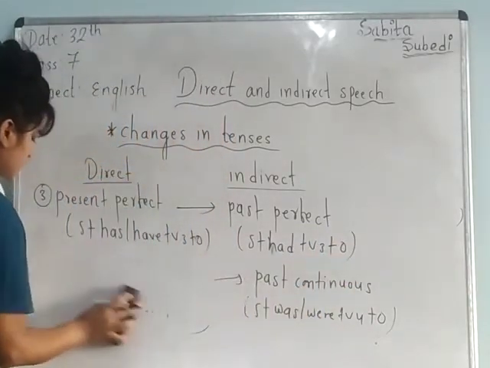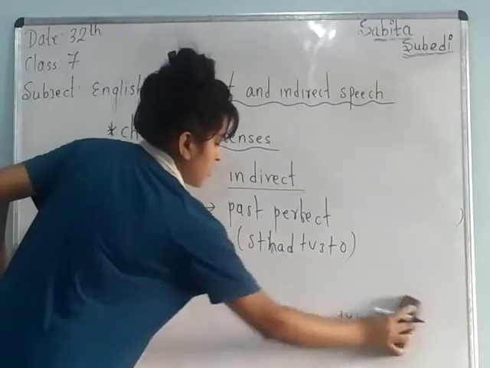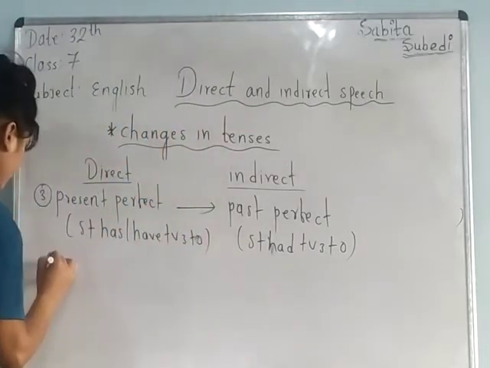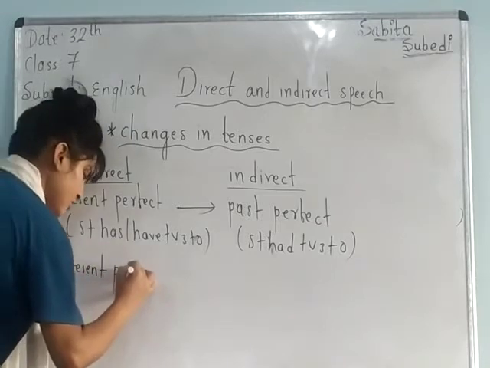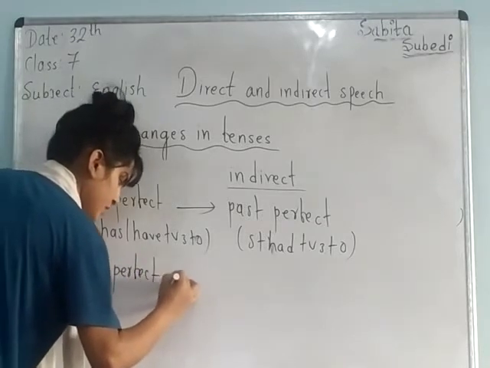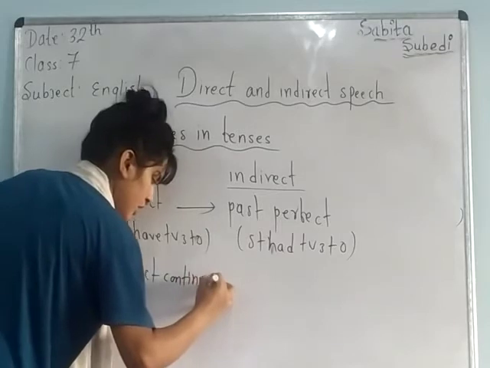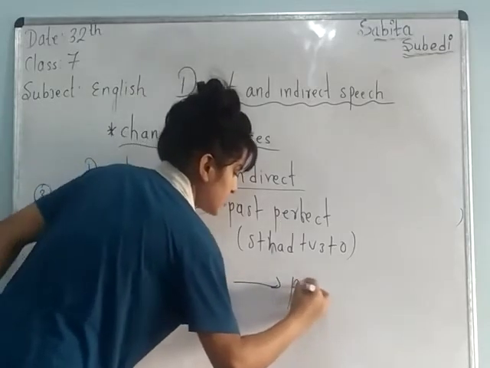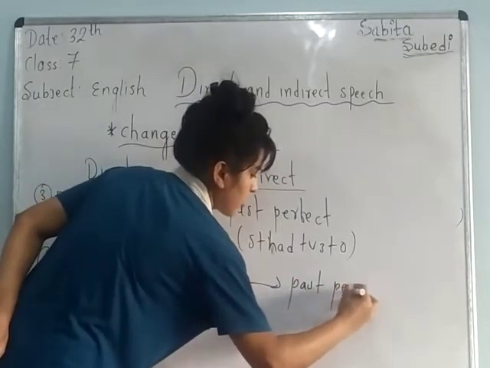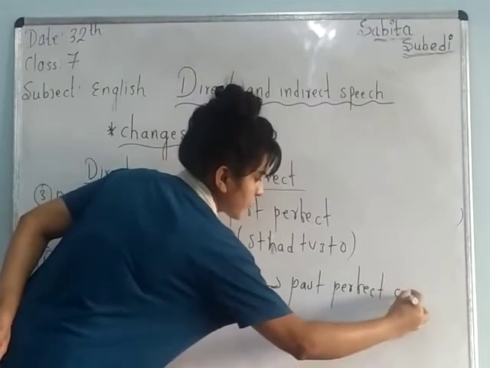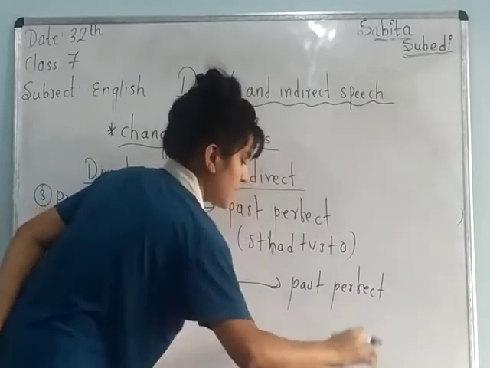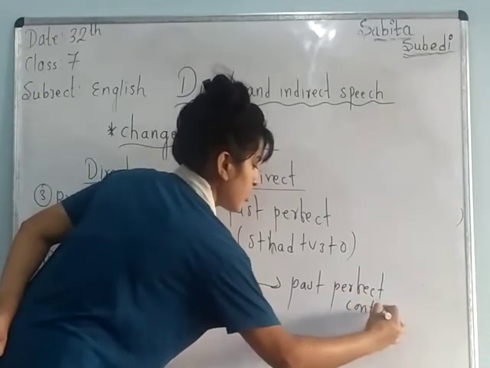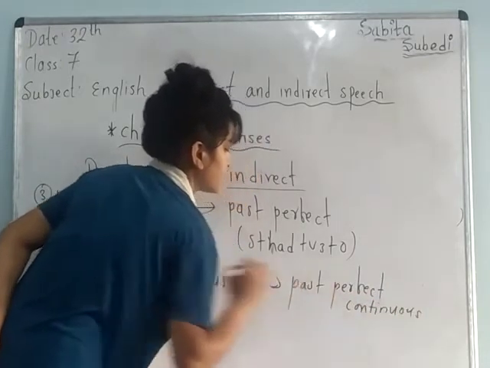And then comes number four, present perfect continuous. Similarly, it changes into past perfect continuous.